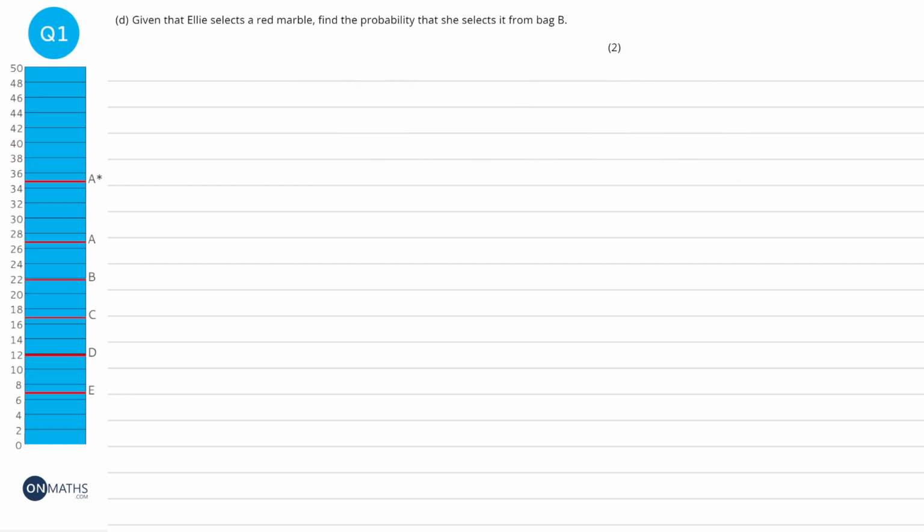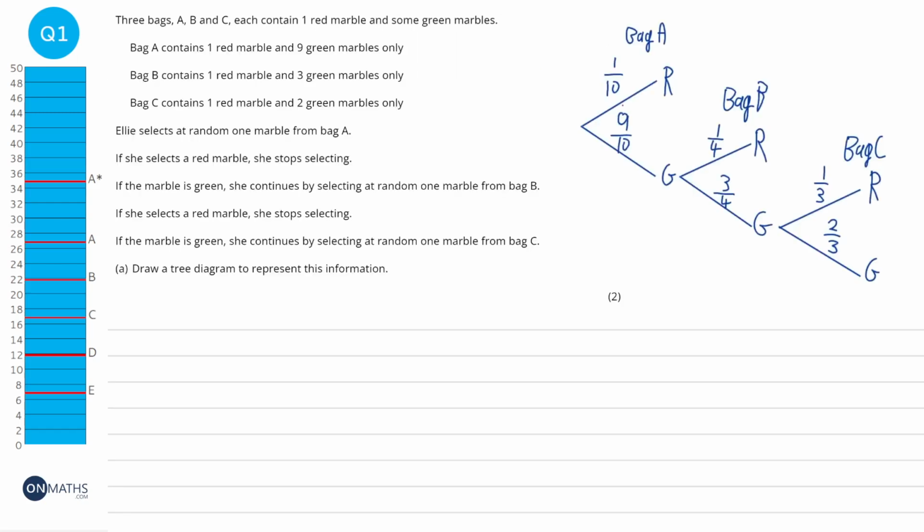In this question, we're told that Ellie has selected a red marble, and we're asked to find the probability she'll have selected it from bag B. So looking at our tree diagram, we know that the possibilities are that she picked a red straight away, she picked a green then a red, or she selected a green, and then a red.